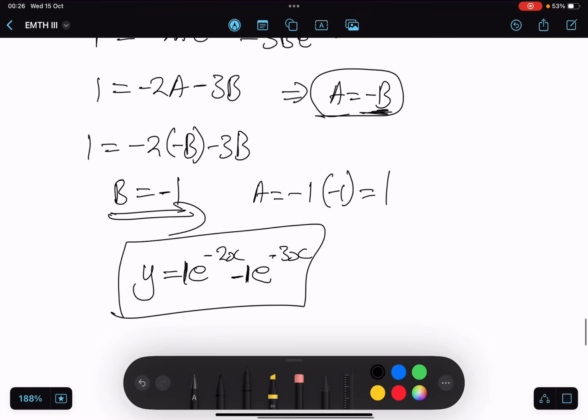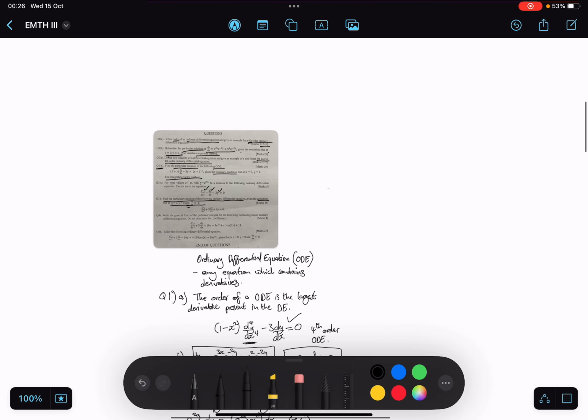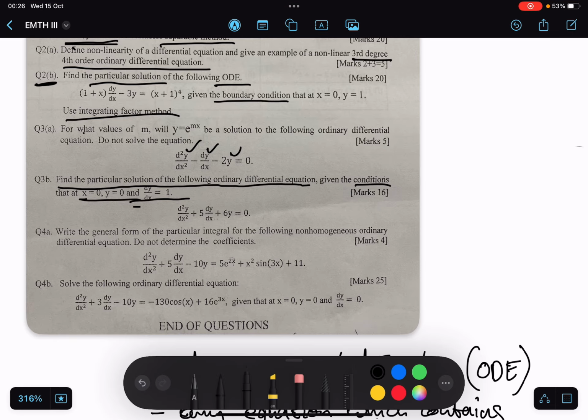So this was question 3b, where we had to find the particular solution.